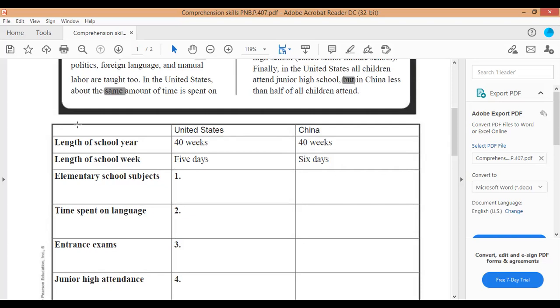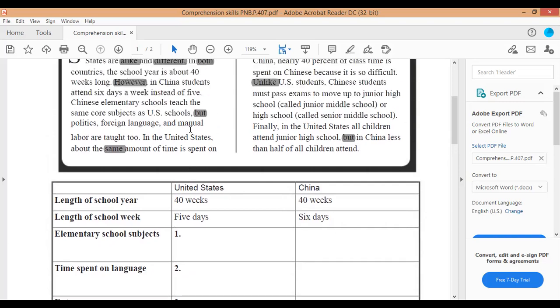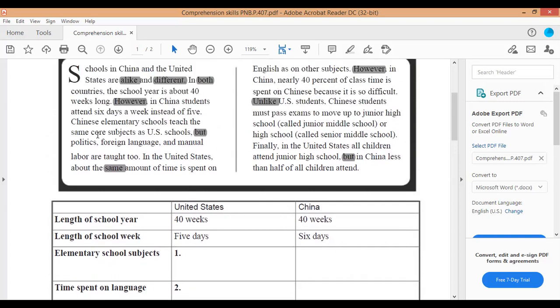Elementary school subjects. As I said, for elementary school subjects, he said here that in the United States, they have what? Yes, core subjects. But for China, he adds something by saying what? For China, he said plus what here?